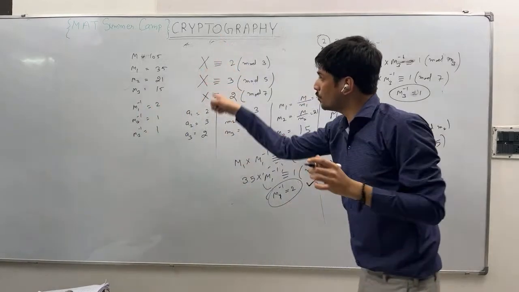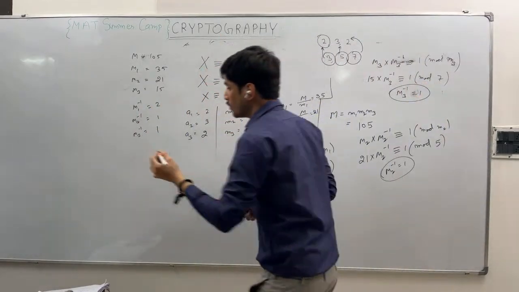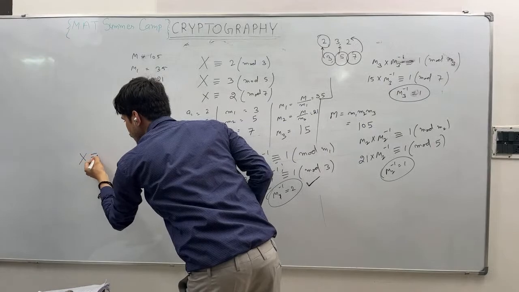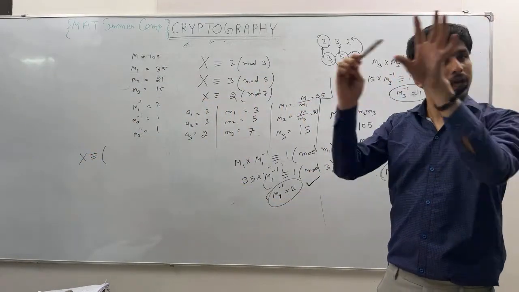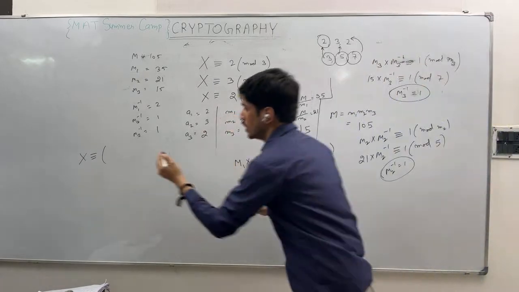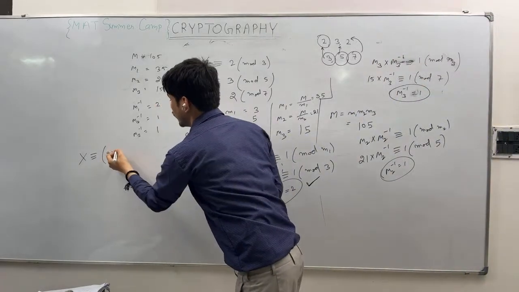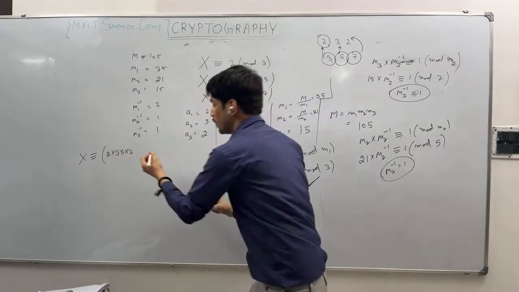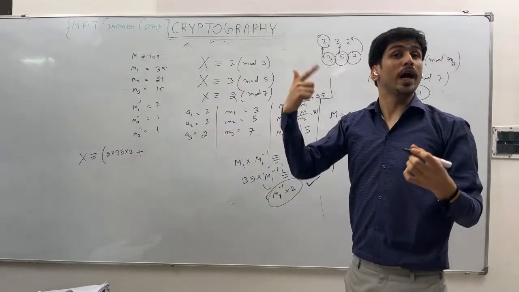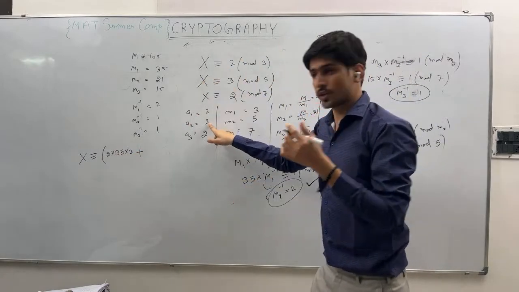Now we have to solve for the value of x. What was the formula? X is congruent to A1 M1 M1 inverse. What is A1? 2. What is M1? 35. What is M1 inverse? 2. Plus A2 M2 M2 inverse. What is A2? 3.